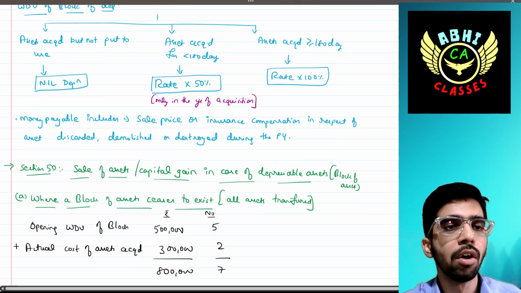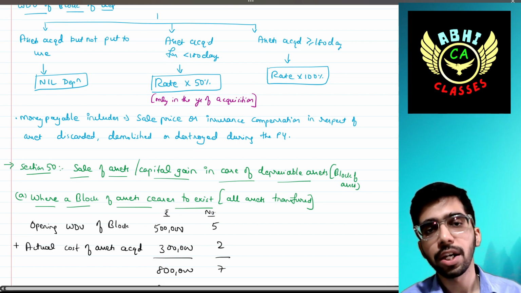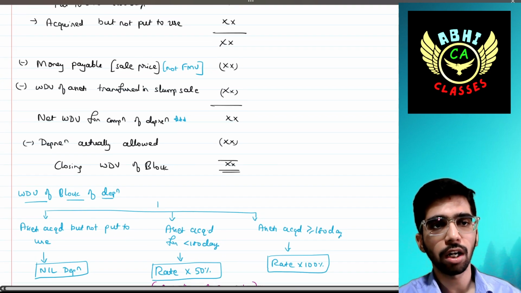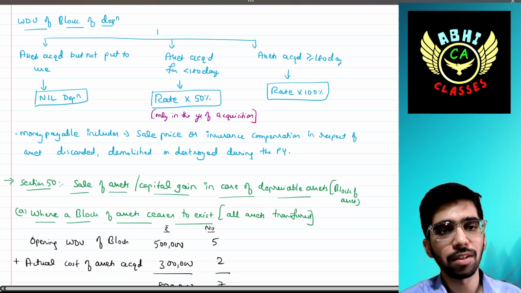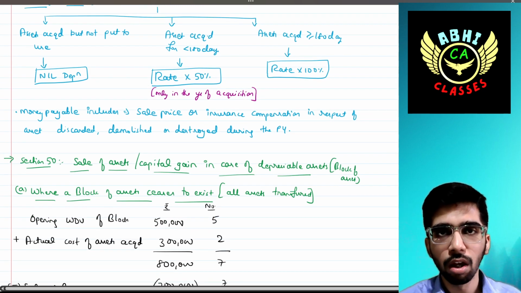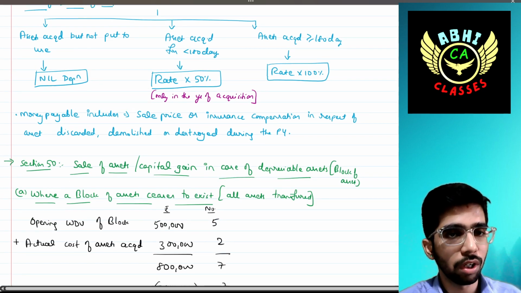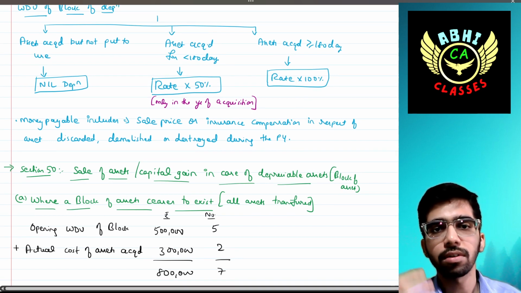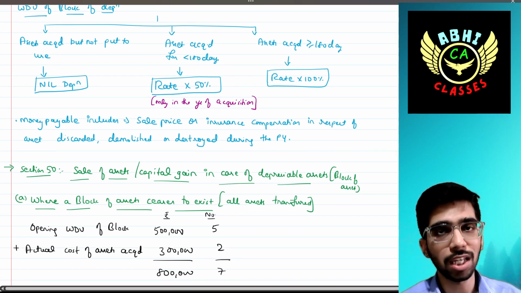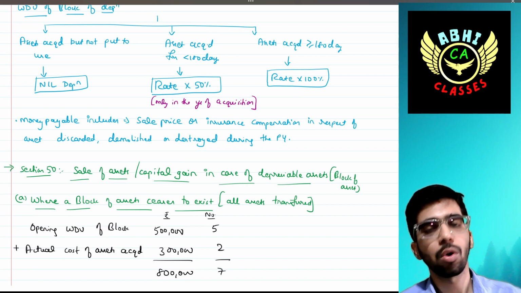Okay, money payable includes sale price, or the money payable should be deducted from the block, as above. Money payable, in the sense of the selling price or insurance compensation in respect of those assets which have been discarded or destroyed in the previous year.